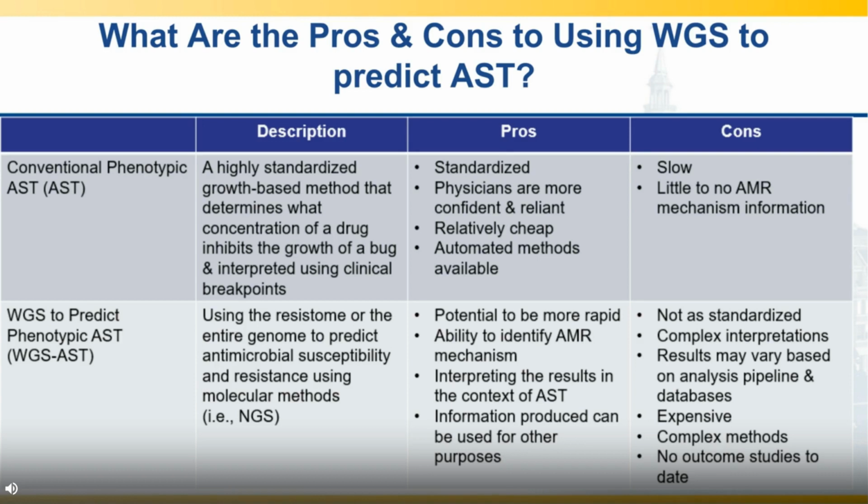And last and most important is that the information that we gain from whole genome sequencing not only can be used to predict phenotypic AST, but it can be used for many other purposes, like strain typing for outbreak investigations, looking at virulence factors for prediction of clinical associations, etc. So there are many different applications to the data being generated that we can use clinically, not just for predicting phenotypic AST.